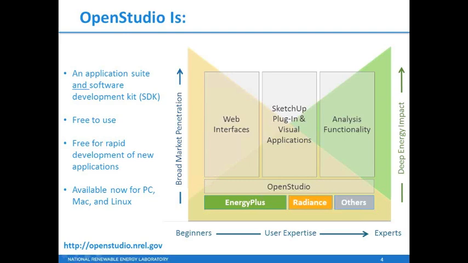The idea is that to make energy modeling efficient throughout the design process, it needs to be easy, and you need to have a single model, both for minimizing the modeling effort and for making sure your models are in sync so that you're comparing apples to apples. That's one of the big goals of OpenStudio: to present the users with a middleware that does a lot of the modeling integration for you.